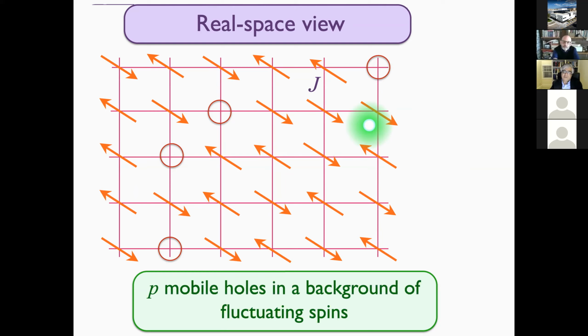If you go below a temperature, I would say of order J even, which in real world terms corresponds to a temperature of about 400 to 300 Kelvin, basically you can't go below that temperature in a numerical study. So perhaps a quantum simulator will tell us more. But for now, let me tell you about some ideas that we've been playing with.